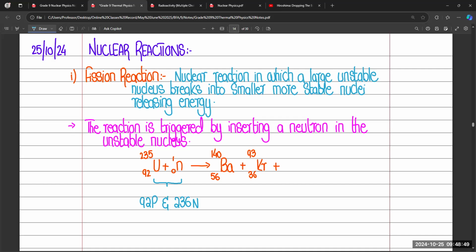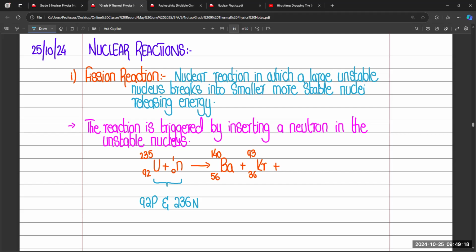Okay. So now check whether the equation is balanced as compared to the final components that we get in the result. So sir, having 92 electrons and 236 nucleons, how do we get Ba, the element with nucleon number 140?